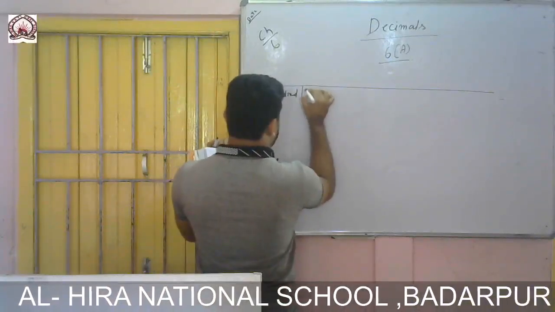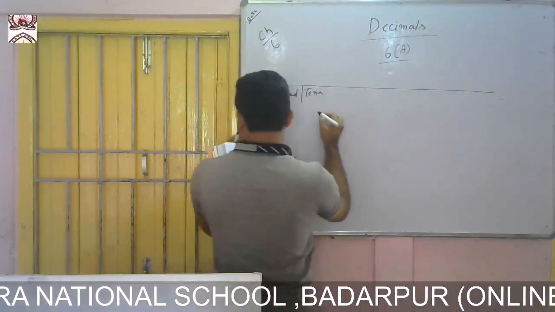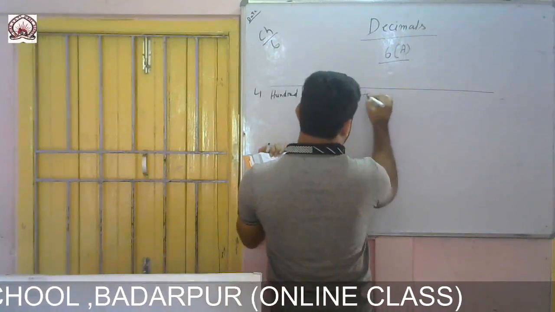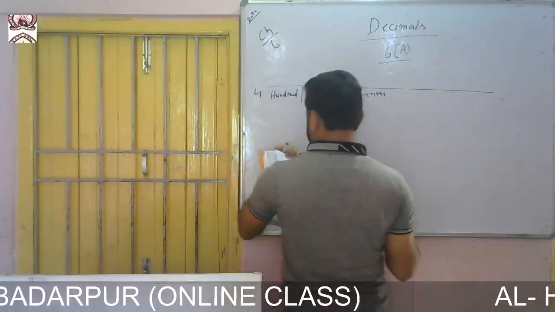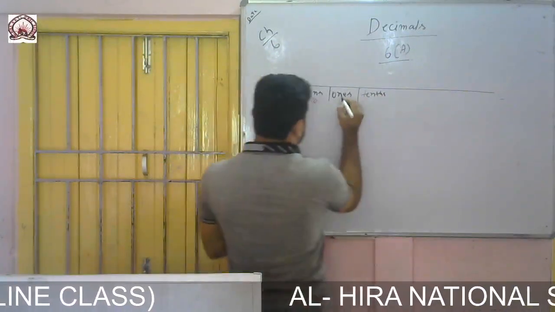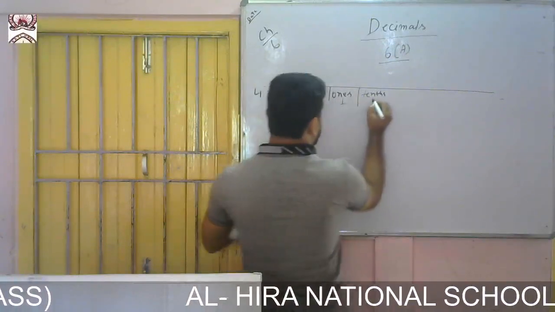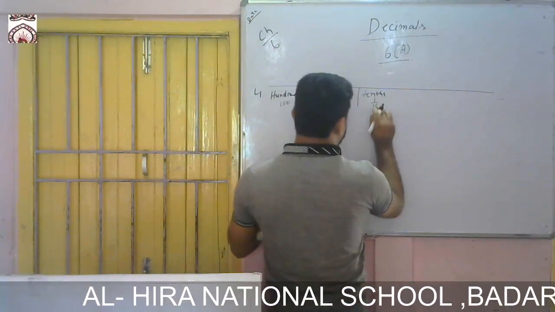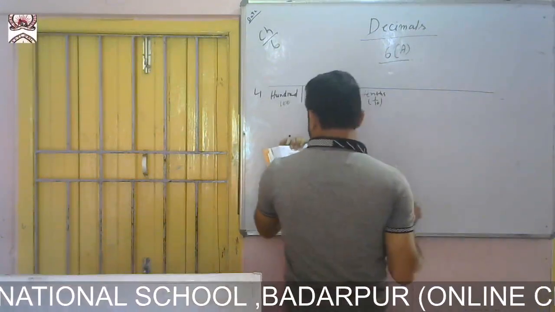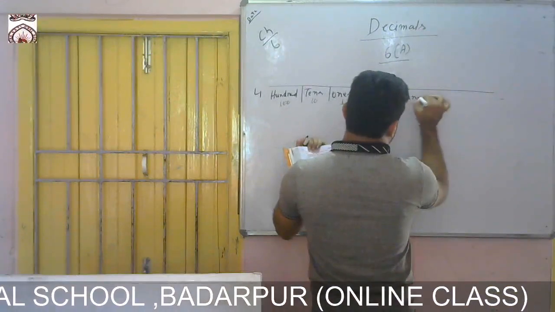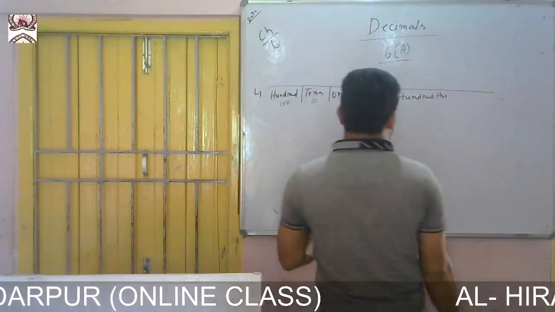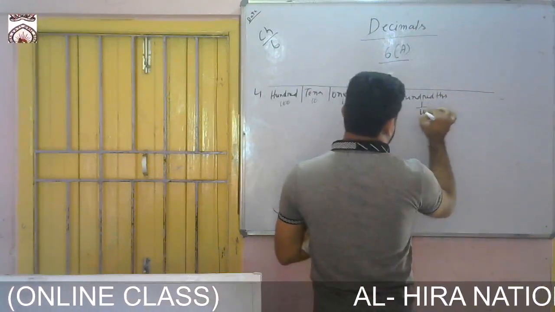Hundreds, then tens, then ones. 100 means 100, tens means 10, ones means 1. Then tenths: 10 means 1 by 10. Then hundredths: hundredths means 1 by 100.